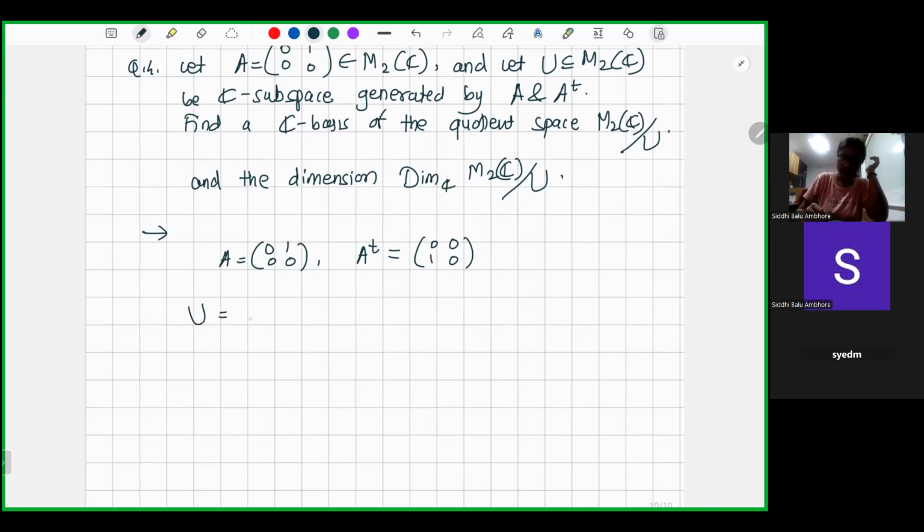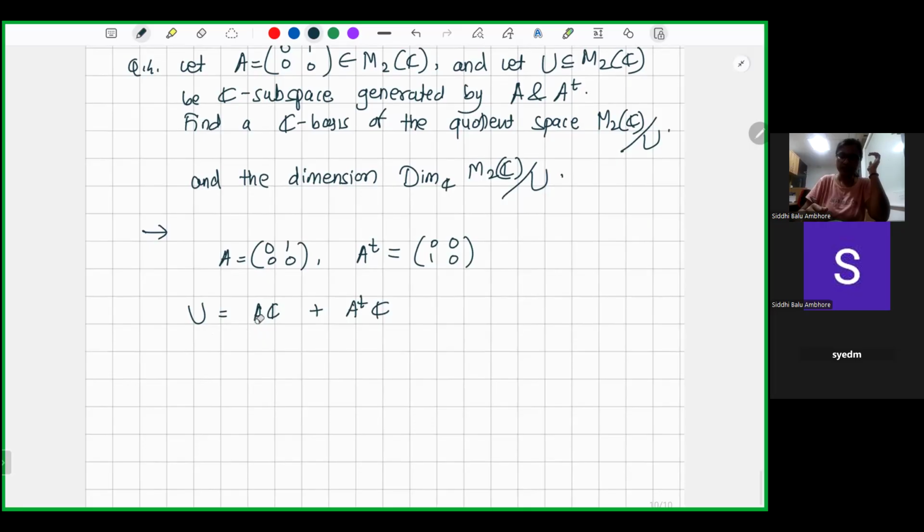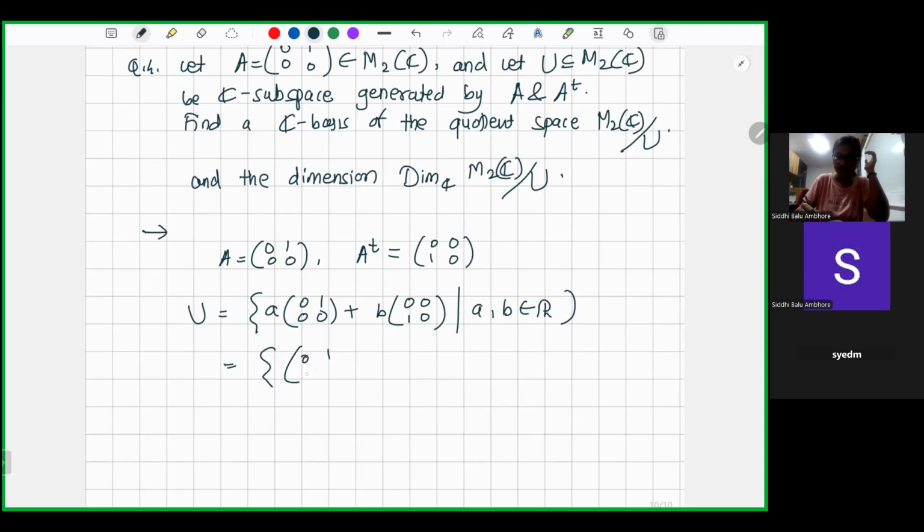So U is generated by elements of the form aA plus bA transpose, that is, a times 0, 1, 0, 0 plus b times 0, 0, 1, 0 such that a, b are in C. So these are just elements of this kind: 0, a, b, 0 such that a, b are in C. These are the kind of elements we have here.